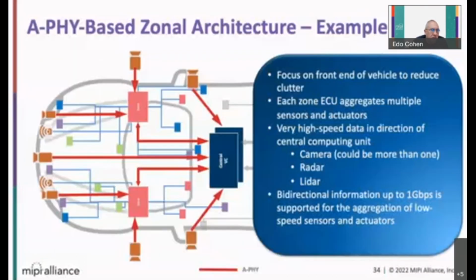So this is just another example focusing on some part of the vehicle to reduce the clutter, and you can see all these multiple devices, and most of the direction is going directly to the main computing unit.